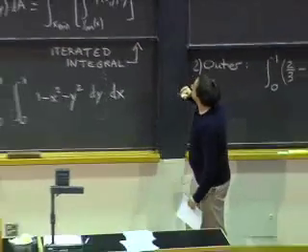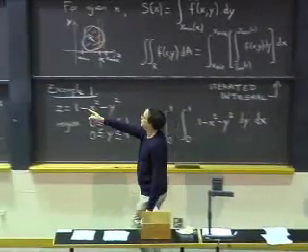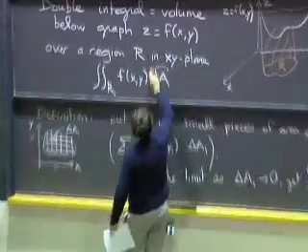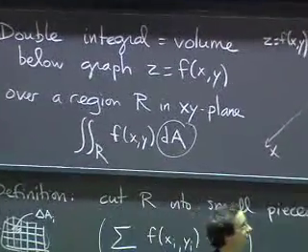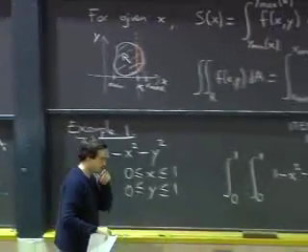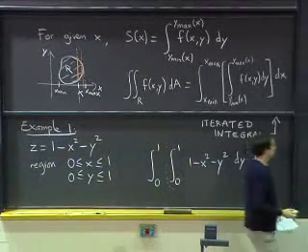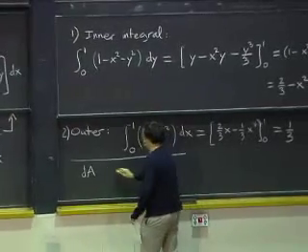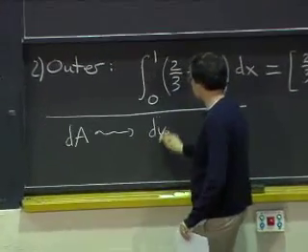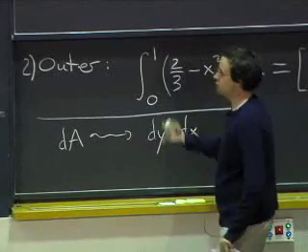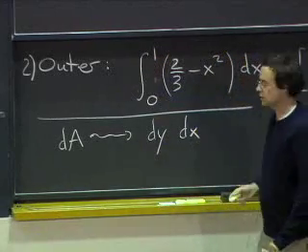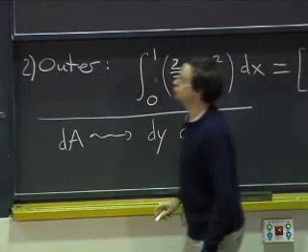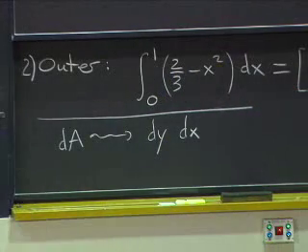By the way, we started with a dA in the notation. Here we had dA, and that somehow became a dy dx. dA became dy dx because when we do the iterated integral this way, what we're actually doing is slicing our region into small rectangles.